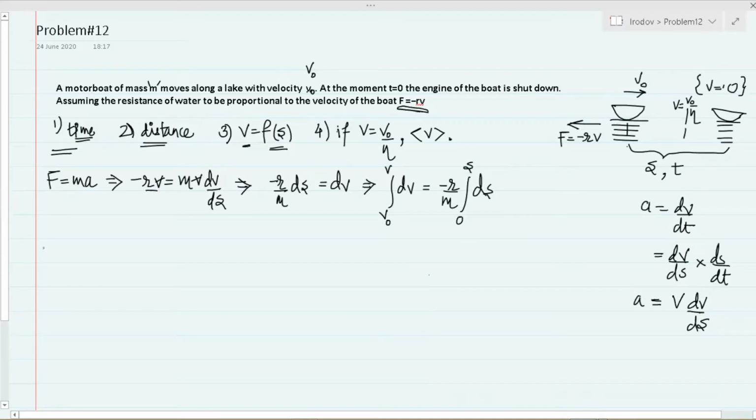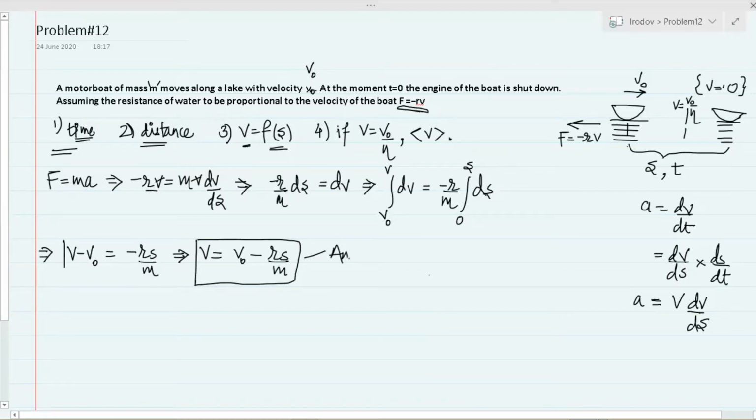So we arrive at v minus v naught is equal to minus rs by m. Now this can also be written as v is equal to v naught minus rs by m. So we have an equation which shows us velocity as a function of distance s.